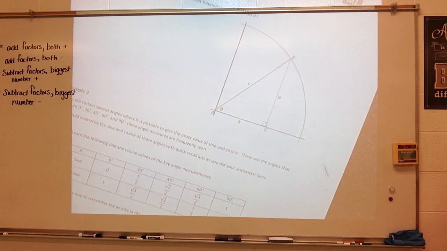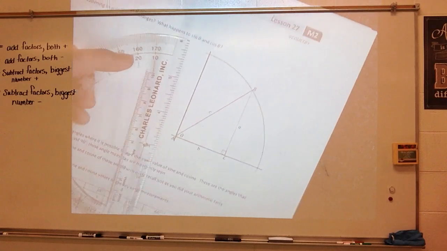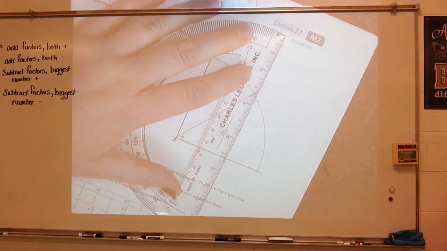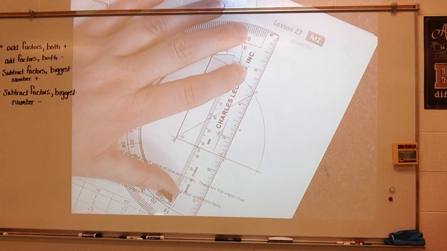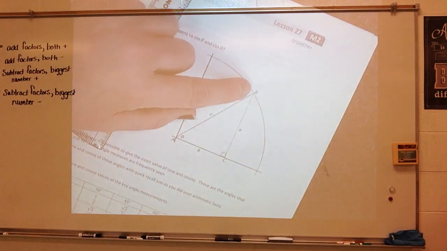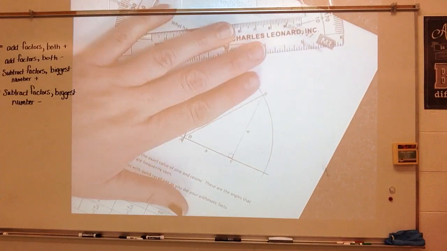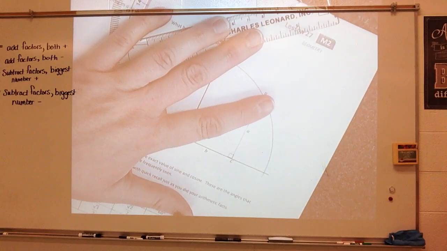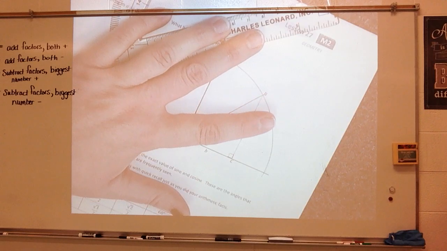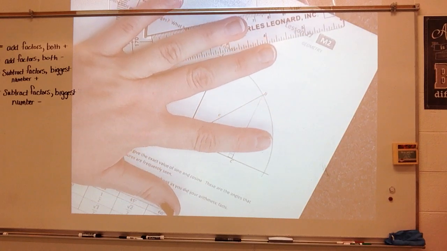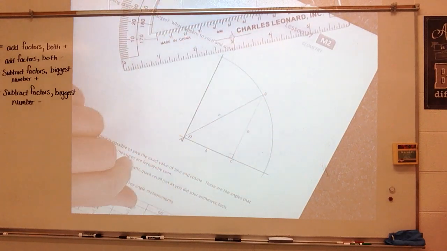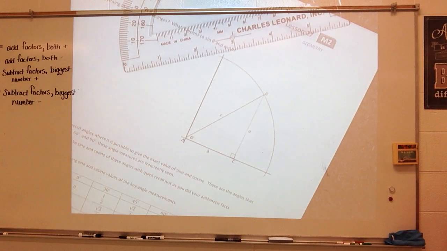So let's think about this for just a second. I want to know what is happening to A as my angle changes. Well, as my angle changes, that means this side is changing.